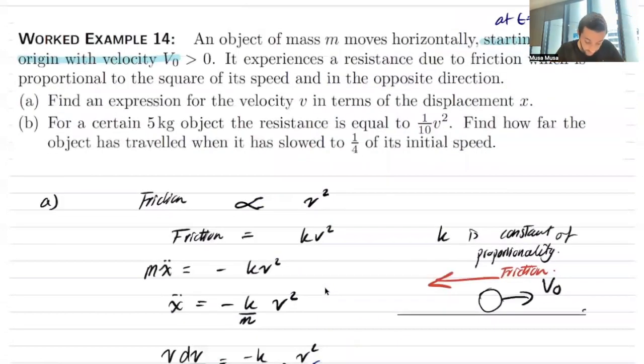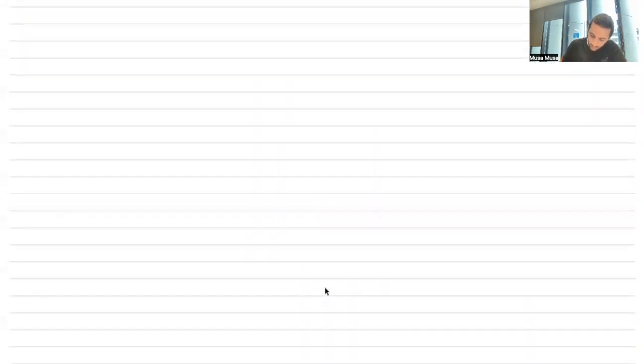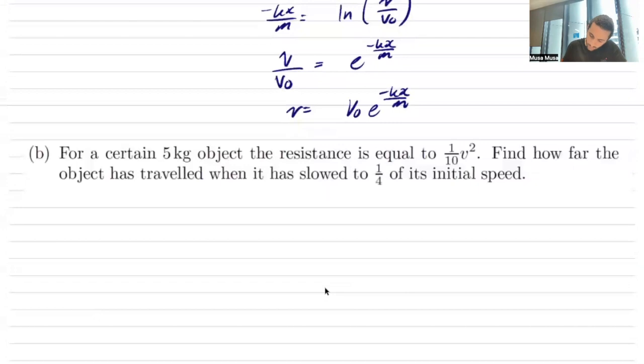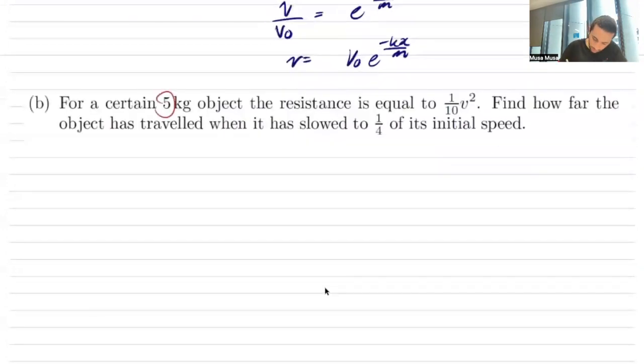For a certain 5 kilogram object, the resistance is equal to 1 on 10 v squared. Find how far the object has traveled when it is slowed to a quarter of its initial speed. So let's just copy this part down, so that m equals 5.